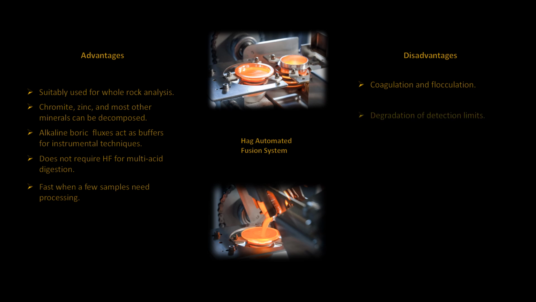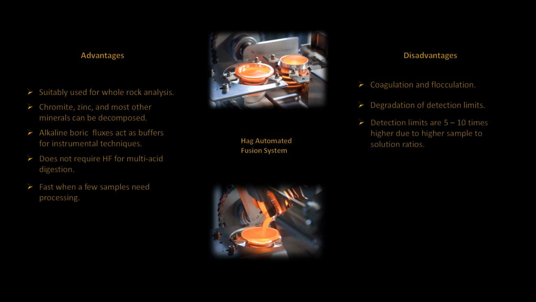This not only degrades detection limits, as these melts will require further aggressive dissolution, but may also result in analyte loss. The detection limits can be 5 to 10 times higher, which is a result of the higher sample to solution ratios compared to straight acid dissolution. This higher ratio makes trace element analysis difficult without analyte separation techniques.